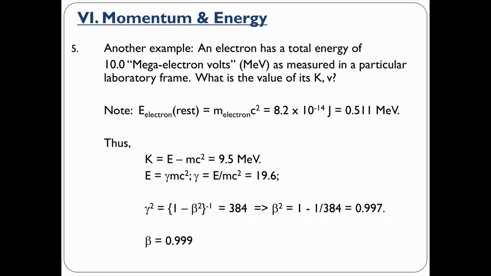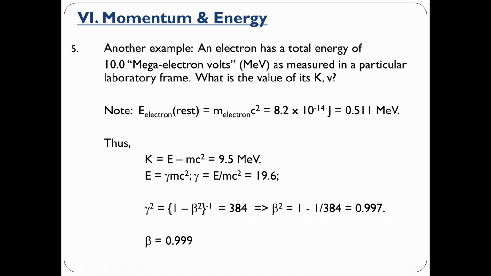An electron volt is a unit of energy. It's the energy required to accelerate an electron through 1 volt of potential difference. So the kinetic energy is E minus mc squared. We know that it's 10 mega electron volts minus basically a half, so that's 9.5 mega electron volts.